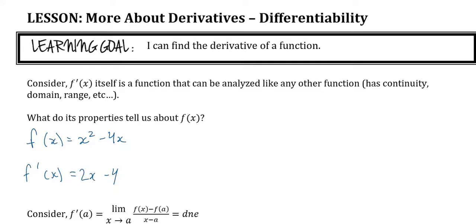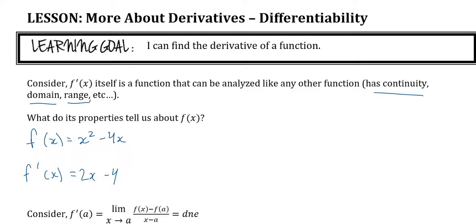And it turns out that the derivative of a function tells us a lot about the original function. But it has properties in and of itself. And we can analyze the derivative as a function and think about its properties. It has continuity. It has a domain, a range. It is sometimes increasing, sometimes decreasing.